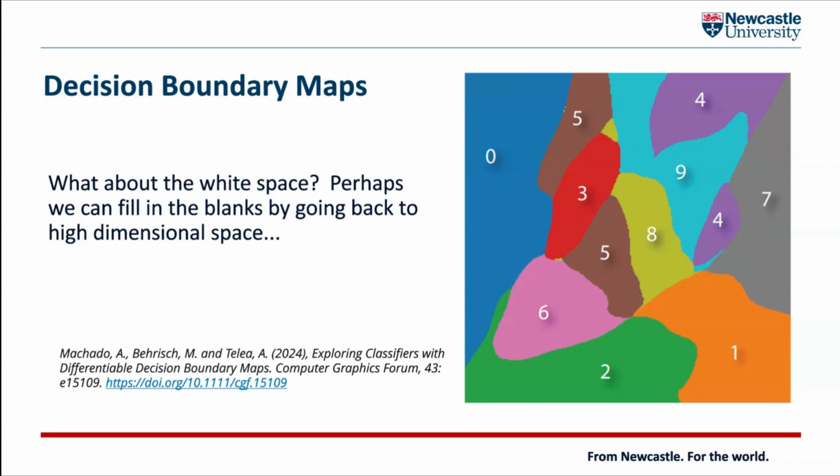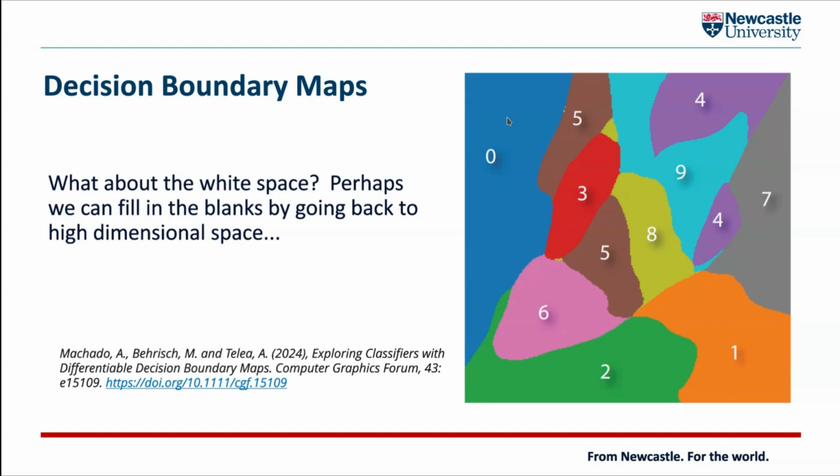If that point's blue, we can color that pixel blue, right? If the point is white, we don't know. And essentially what decision boundary maps do is they come up with a way to figure out what is an appropriate color for each of the pixels.